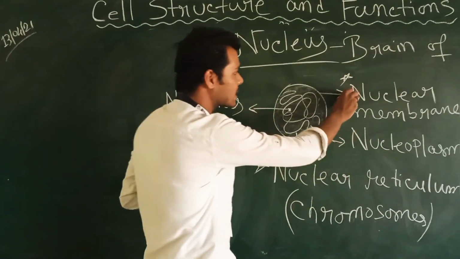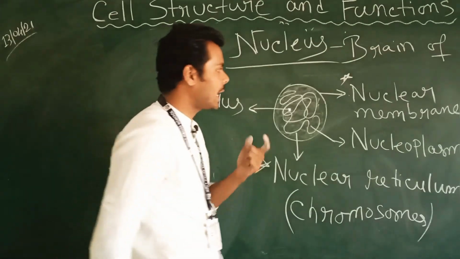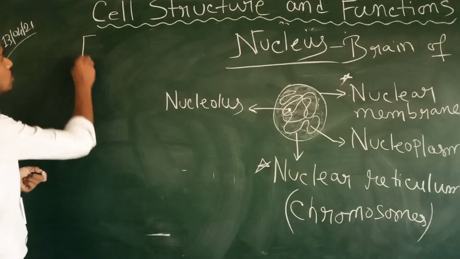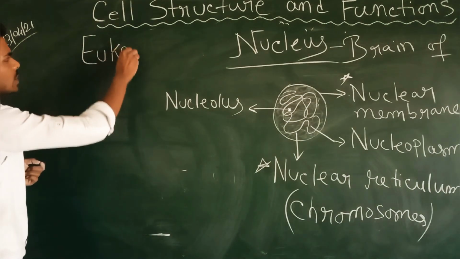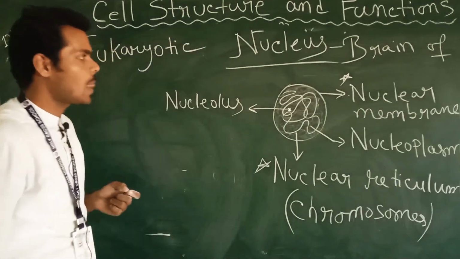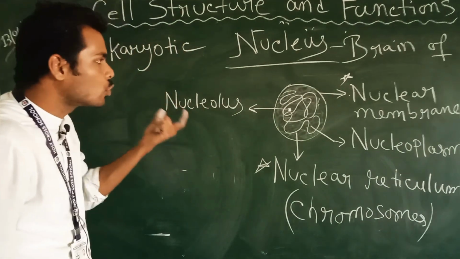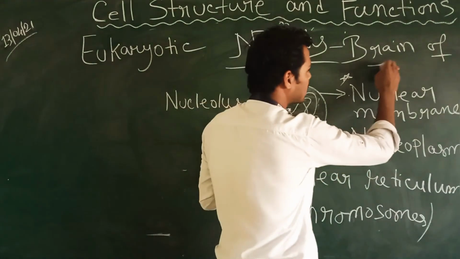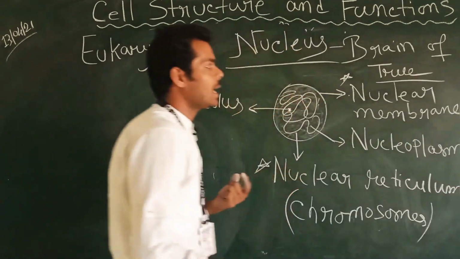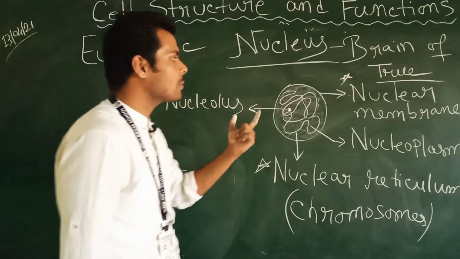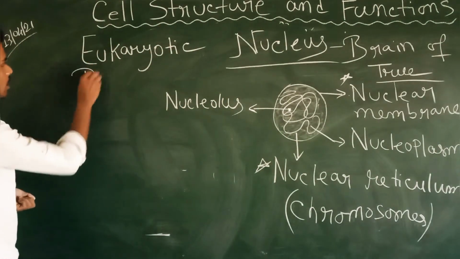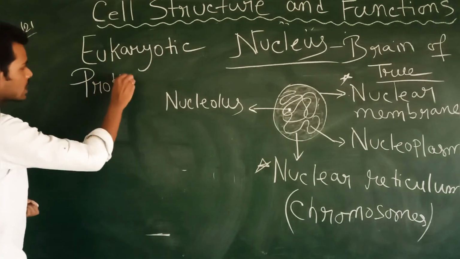If a nuclear membrane is present in a cell, that kind of cell is called a eukaryotic cell. So I am writing here eukaryotic. The cells which contain a nuclear membrane are called eukaryotic cells, also called true nucleus. And the cells which lack a nuclear membrane, which do not have a nuclear membrane, are called prokaryotic cells.